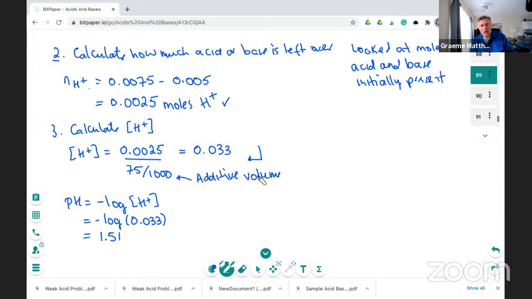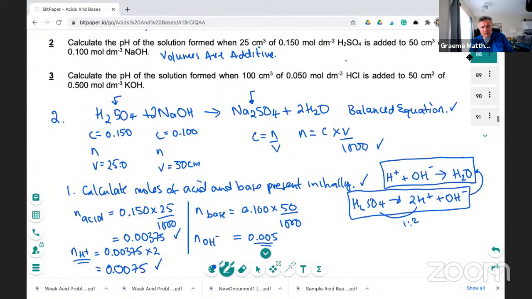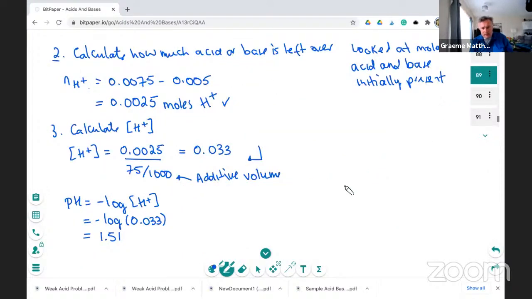It was 25, I believe, 25 cubic centimeters of acid to 50 cubic centimeters of base. And so in your notes, you're thinking, yeah, additive volume, you need to add them up, okay? And so divide by 1,000 because I need to get from cubic centimeters into decimeters cubed. And so I end up with this number of moles per decimeter cubed.